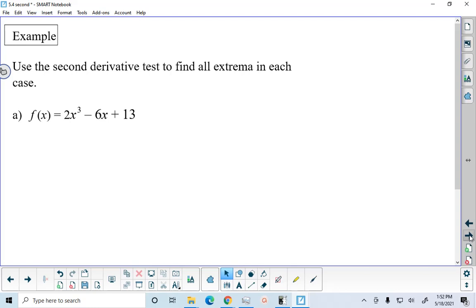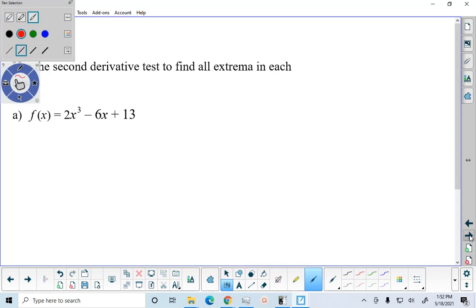Okay, this function is polynomial. We know even from Math 30 that this polynomial function will look something like this. It will look something like this because it's odd. The right arm goes up because the leading coefficient is positive.